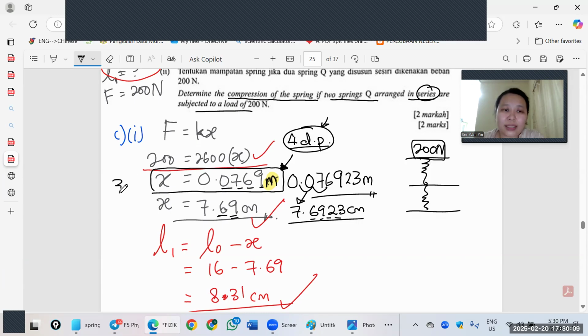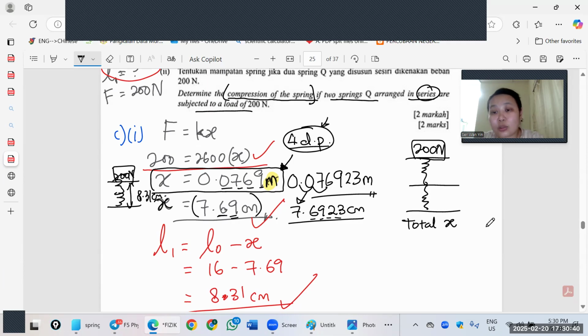Just now was 1 spring Q only, you put 200 Newton on top, then you will get compression X. Then you will see it compressed, and finally this one becomes 8.31. So now, what is the compression of the spring? Means what is the total X for these 2 springs?